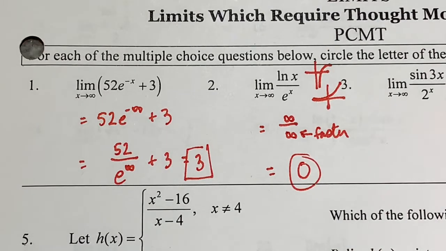Okay, now this one's a little tricky too. A lot of people look at this and they think, oh, well, if I were to plug an infinity in there, as sine goes forever to the right, it's oscillating between -1 and 1. And then they say, oh, well, then the limit doesn't exist. They write D and E and they miss this problem. So even though it is true that as you move to the right, the sine curve is oscillating between -1 and 1, it actually does have some value as you continue to move to the right.